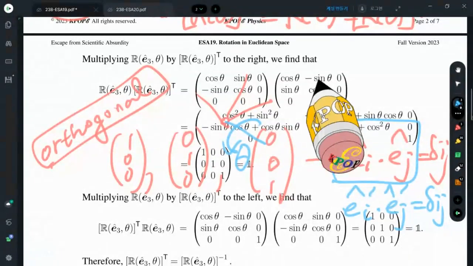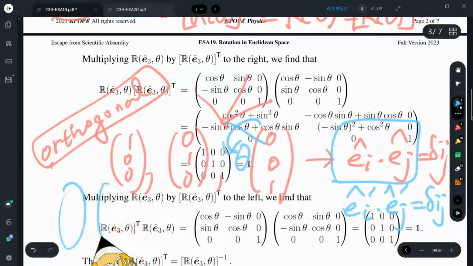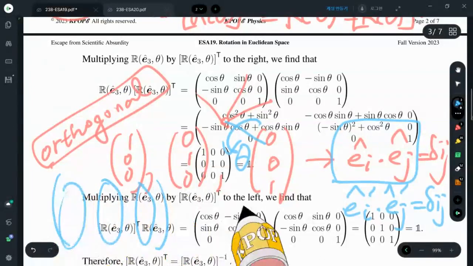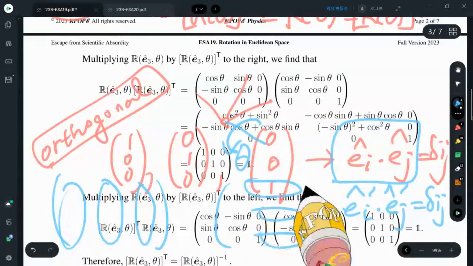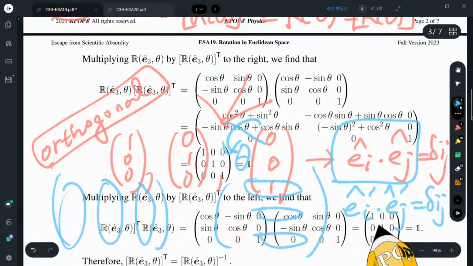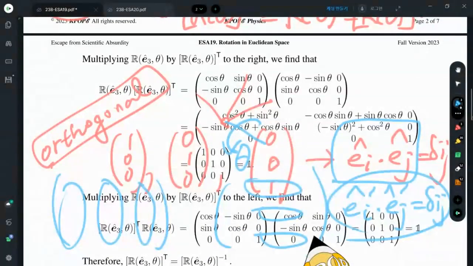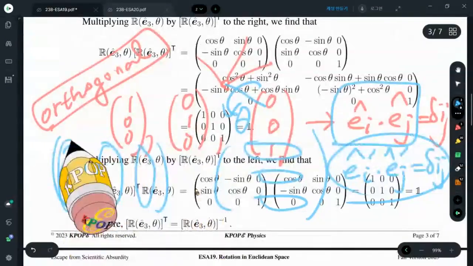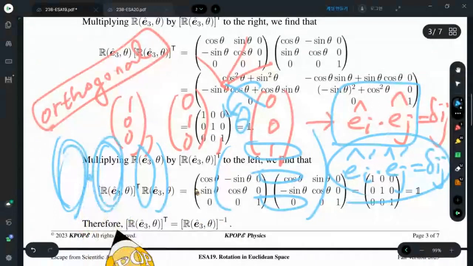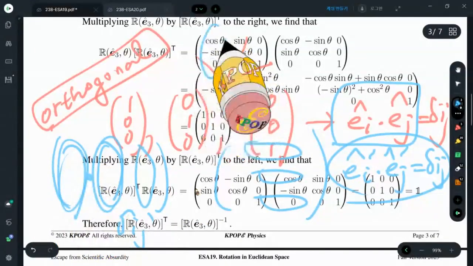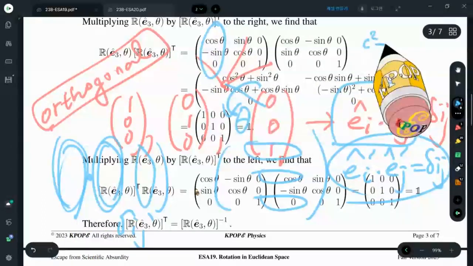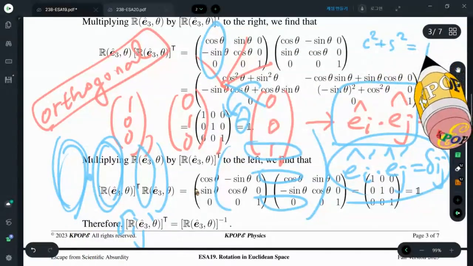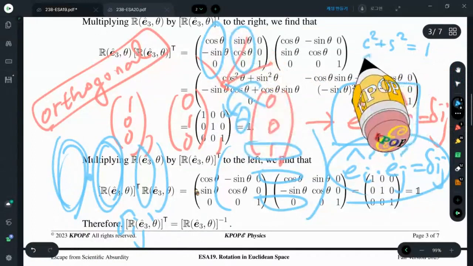Because of that, any rotation matrix consists of columns or rows that all satisfy this simple relation, thanks to Descartes. So any column's scalar product is just a delta ij. Let's see. Square of this, cosine squared plus sine squared equals 1. Okay.